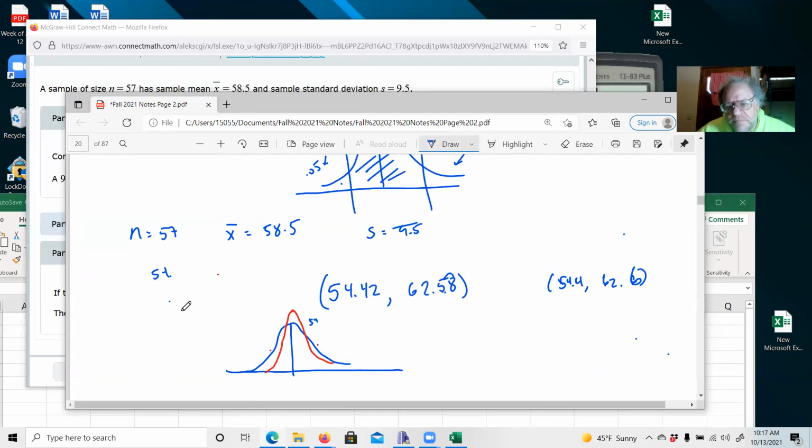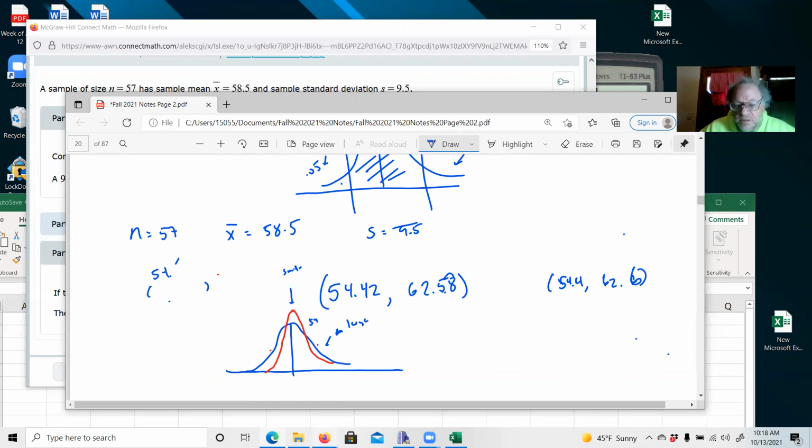So the confidence coefficient is going to be a little bit larger. If we lower the sample size, we're allowing in more uncertainty, and we've got to account for that. So the confidence interval is going to be a little bit larger.